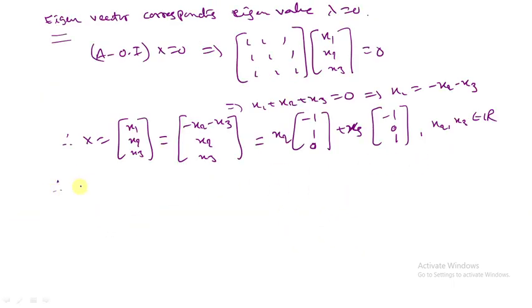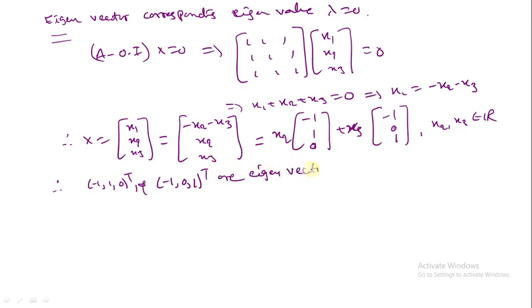Therefore minus 1 1 0 transpose and minus 1 0 1 transpose are eigenvectors of A corresponding to lambda equal to 0.